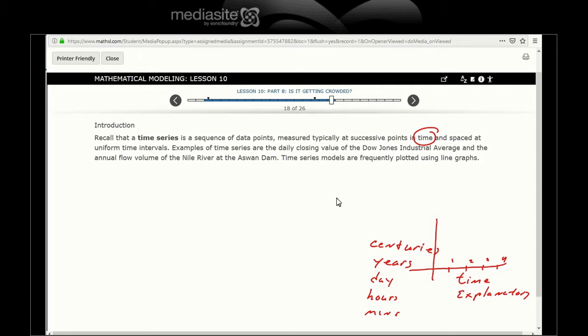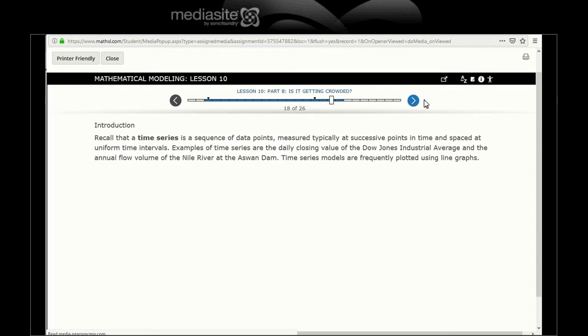So here time is measured in days, annual measured in years. Time series models are frequently plotted using line graphs.